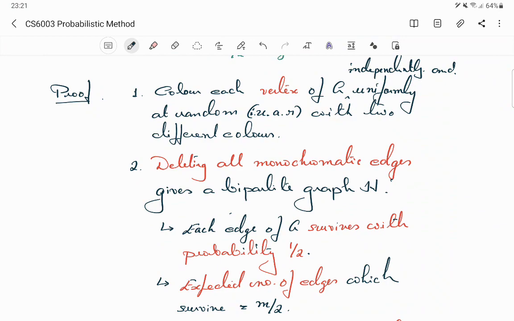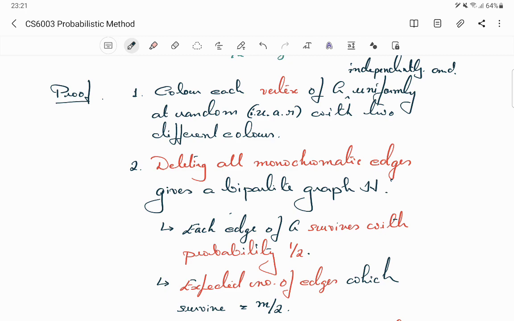But when you are counting the expected number of edges that survive, it really does not matter whether these events are independent or not. Don't worry if this is a slightly confusing bit, but later we will study it more slowly and carefully, and you will see that expectation is a linear operator, and the expectation of the sum of two random variables, E of X1 plus X2, will turn out to be the sum of their expectations, E of X1 plus E of X2, irrespective of whether X1 and X2 are independent or not.